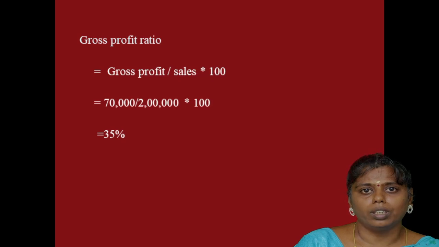So gross profit divided by net sales into 100 equals the gross profit ratio. In this problem, the gross profit is 70,000 and sales equal 2 lakhs. So the answer is 35%.